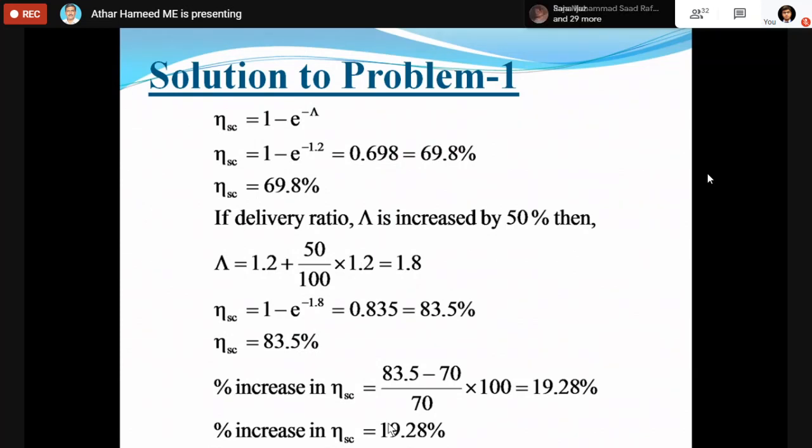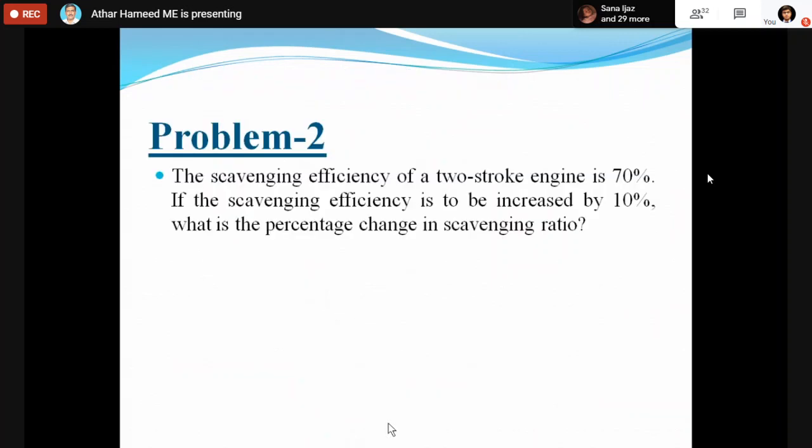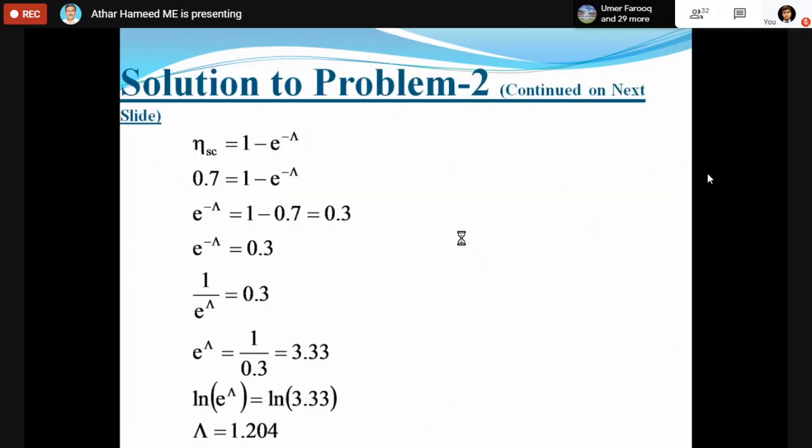Now it will be confirmed. The next problem is: the scavenging efficiency of a two-stroke engine is 70%. If the scavenging efficiency is to be increased by 10%, what is the percentage change in scavenging ratio or delivery ratio? So scavenging efficiency is 1 minus e to the minus lambda.